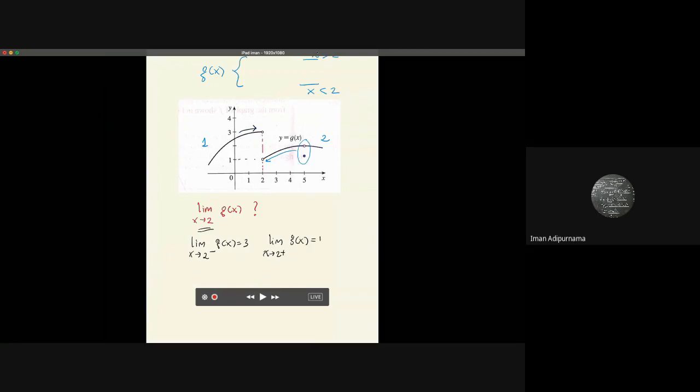Because it's not equal, we can write, because of this, the limit of g(x) doesn't exist, or DNE.